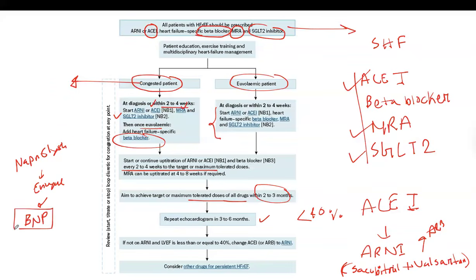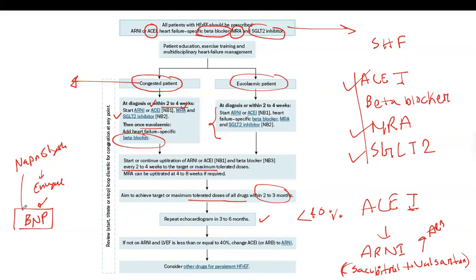BNP is important because it helps our heart muscle not to get too much strained. So it reduces the strain on the heart. It helps with salt and water excretion. So it's a good peptide.